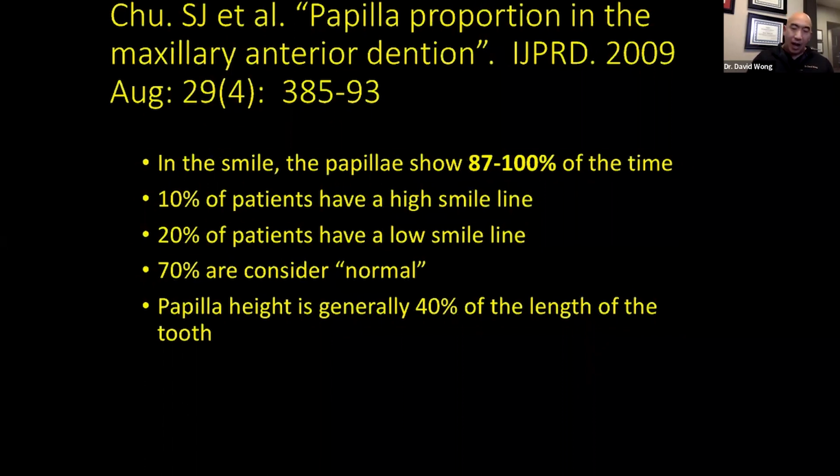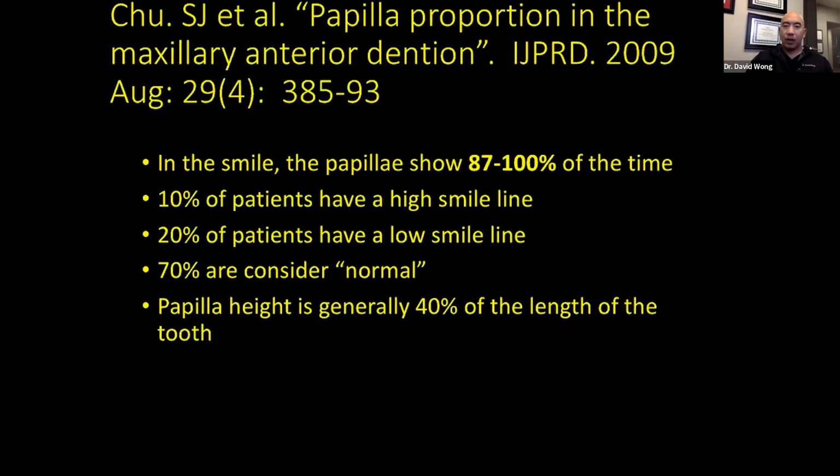Last thing about smiles, though, this is once again from Stephen Chu, a very, very skilled prosthodontist. He works with Dennis Tarnow. So in the smile, the papillas show 87 to 100% of the time. I talked to you about that earlier. But when we look at high, normal, and low smile lines, 10% of patients have really high smile lines. I mean, they show everything.